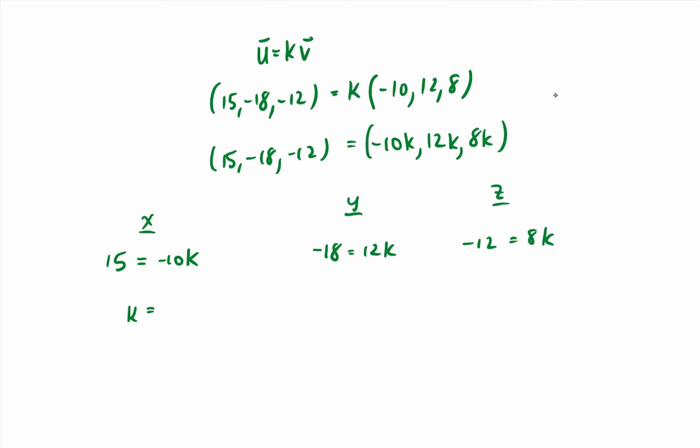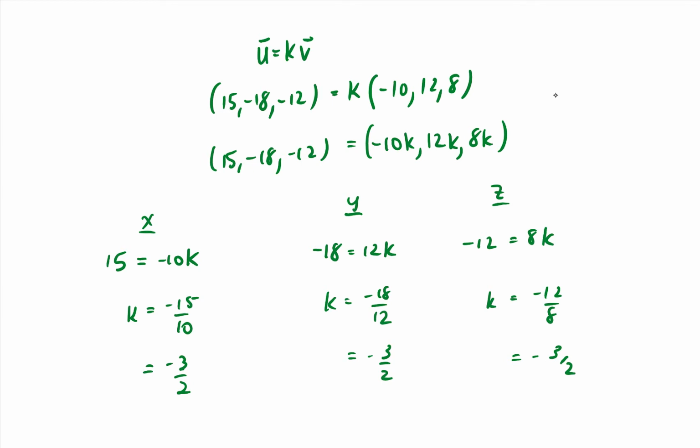So you see for the first one, k is equal to negative 15 over 10, which is equal to negative 3 over 2. k is equal to negative 18 over 12, which again is equal to negative 3 over 2. And k is equal to negative 12 over 8, which is equal to negative 3 over 2.